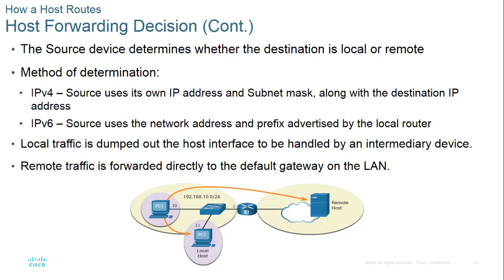So the method of determination is the following. For IPv4, every source uses its own IP address and subnet and the destination IP address to check if they are both on the same LAN or on a different, remote LAN.